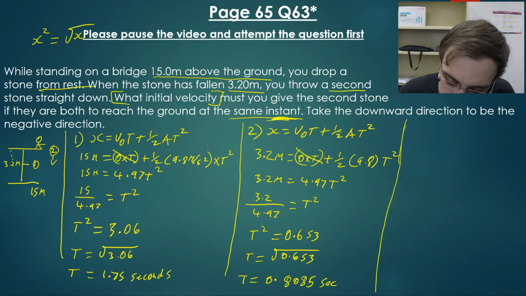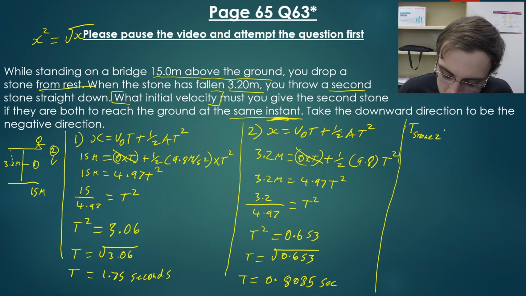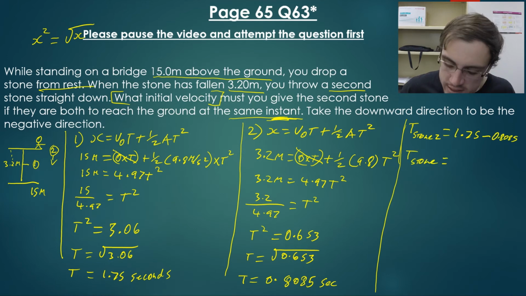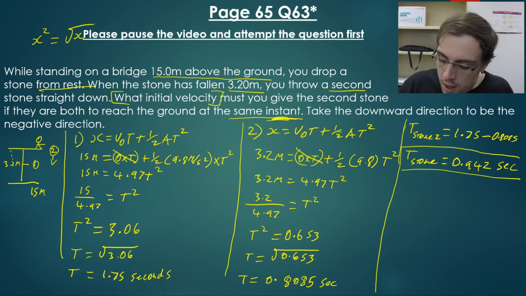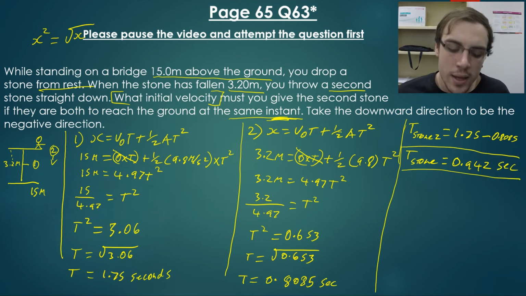So the time for stone 2 is going to equal 1.75 minus 0.8085, which means the total time for stone number 2 is going to be 0.942 seconds. Okay, so now we're getting somewhere, because now we know how long it took that second stone to hit the water. This is really, really important.